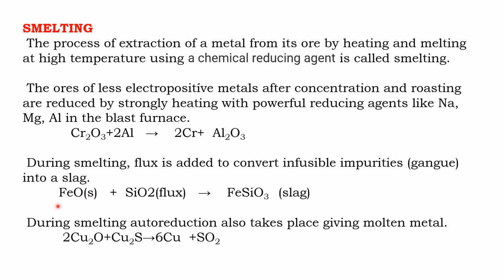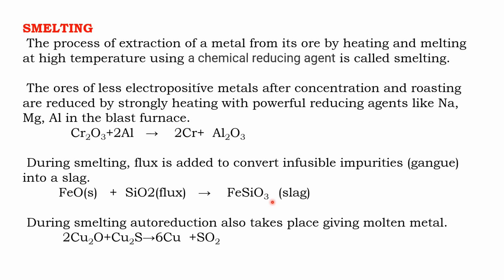See here, iron oxide is combined with silicon oxide. So what happens, the oxygen from the iron is converted with silicon to form a slag, FeSiO3. This, on dissolving or heating, easily breaks to the corresponding metal and SiO3 as impurity.